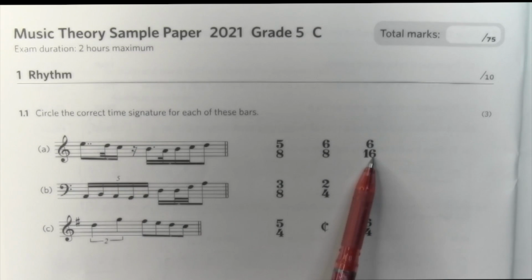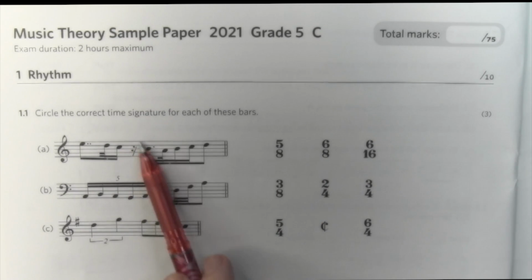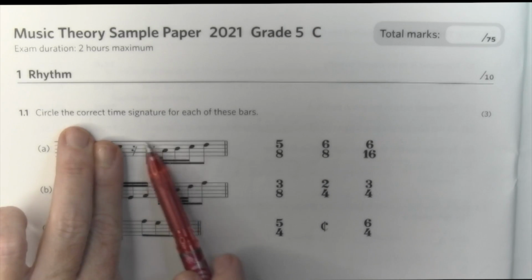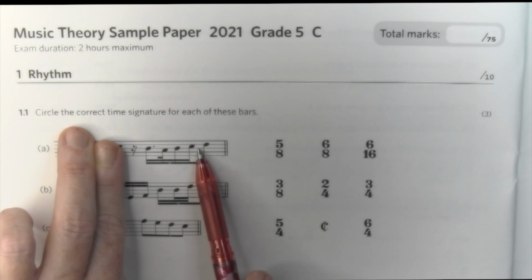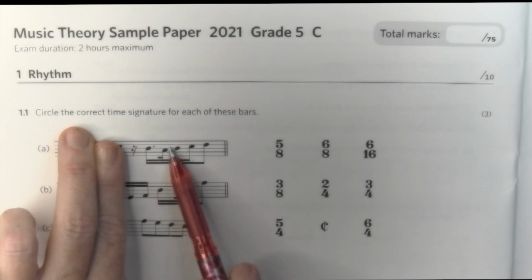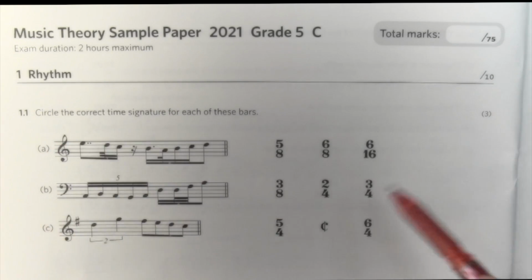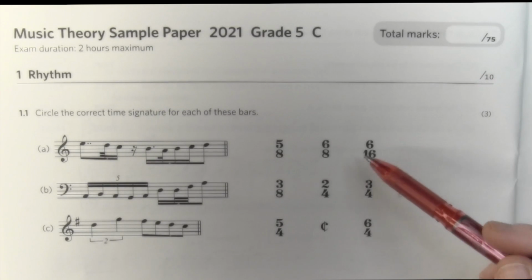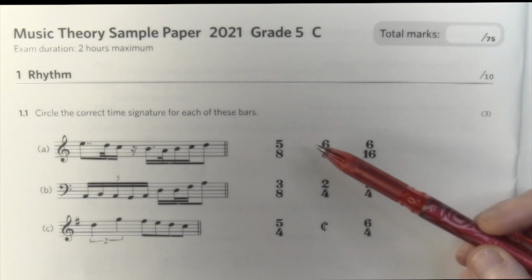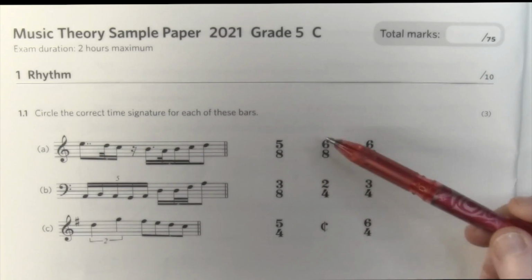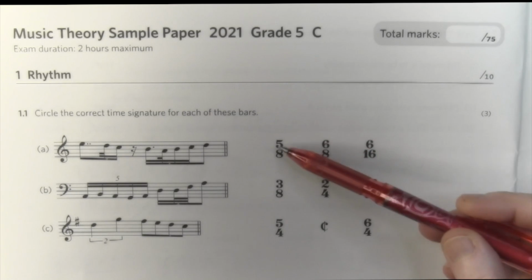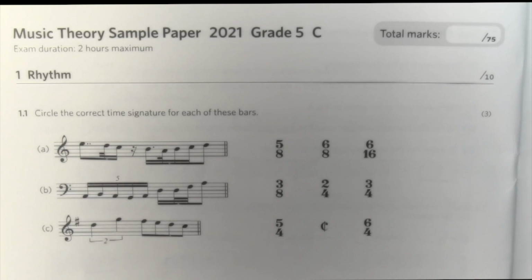That's already overtaking 6, because just with half of the bar we have 7. 1, 2, 3, 4, 5, 6, 7. So we can already exclude this. So our final question is, how many quavers do we have in this bar? 5 or 6? Now we count.